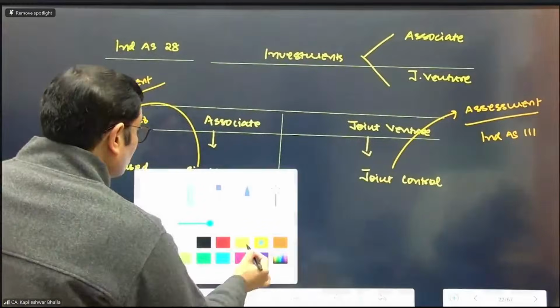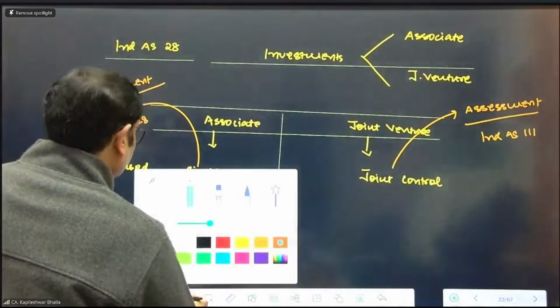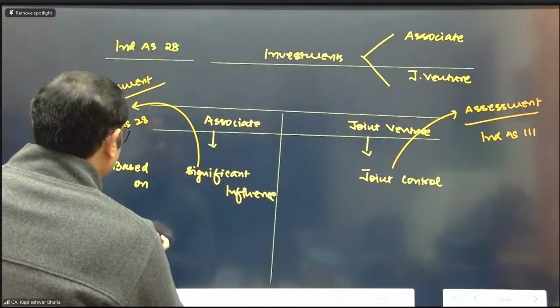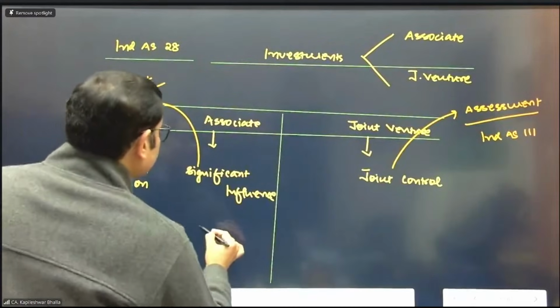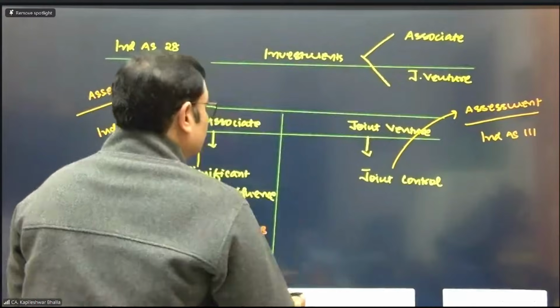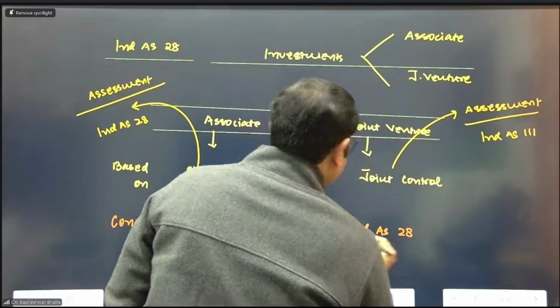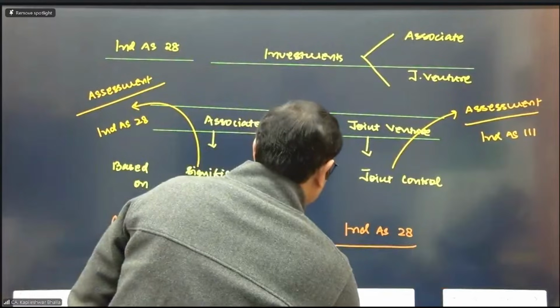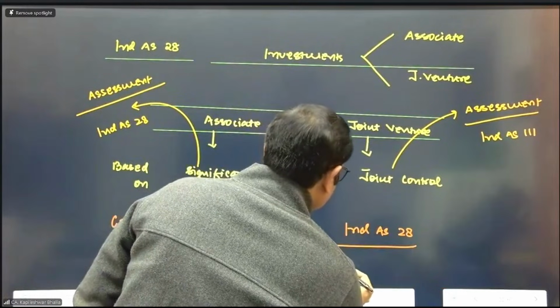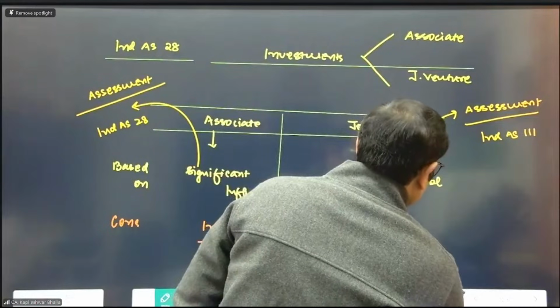But then let's also clarify one thing very clear, that once you look at this particular case, we can say the consolidation is as per Ind AS 28, and the method of consolidation is called equity method.